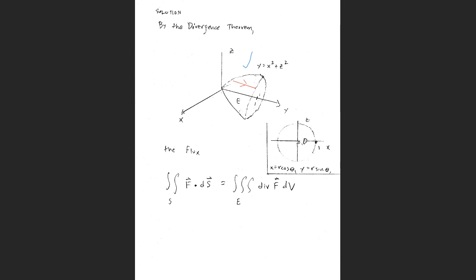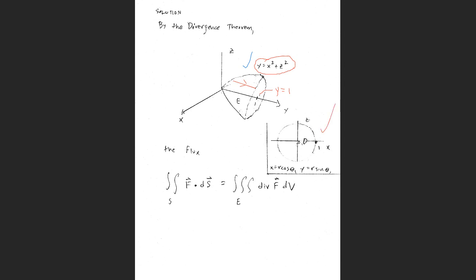The surface on the left is y equals x squared plus z squared. The surface on the right here would be y equals 1, that vertical plane. Now, it isn't the whole vertical plane because you have a region D, right?